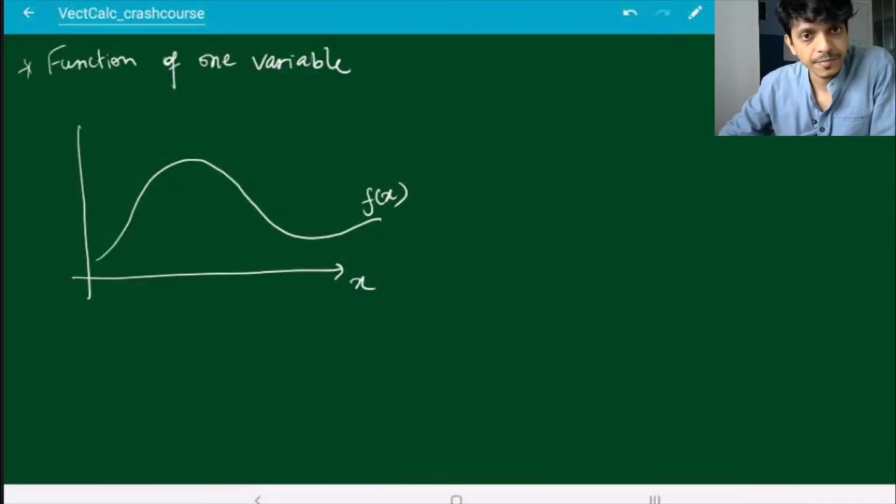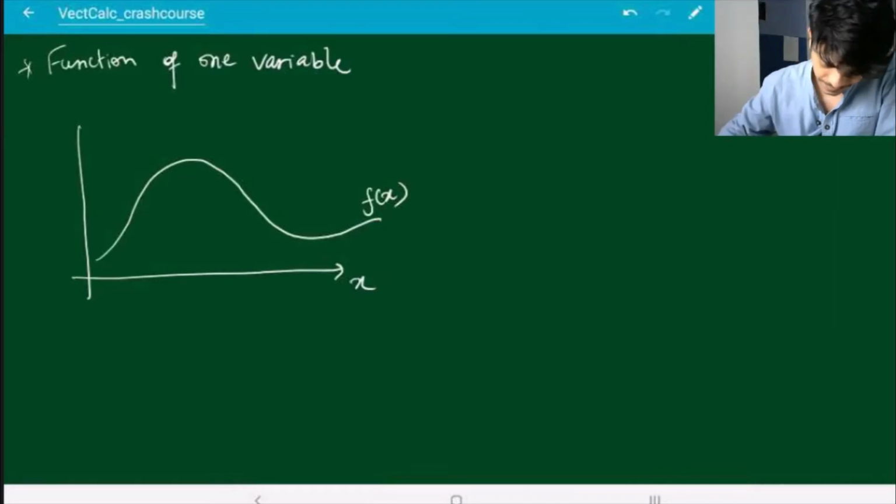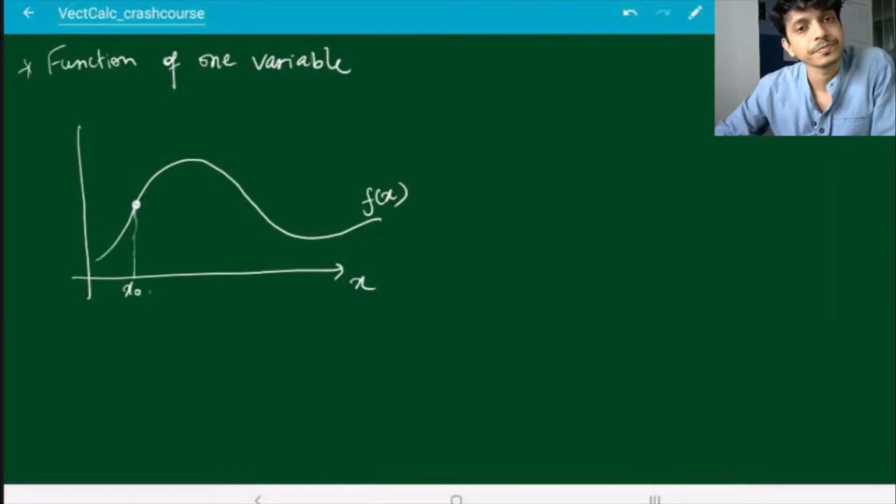Taking the derivative means finding the slope of the tangent. So suppose I'm standing over here, at this value of x called x0. Here, the tangent looks something like this, or the slope is positive.